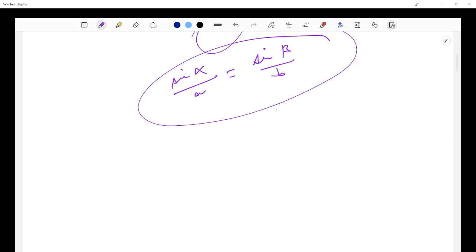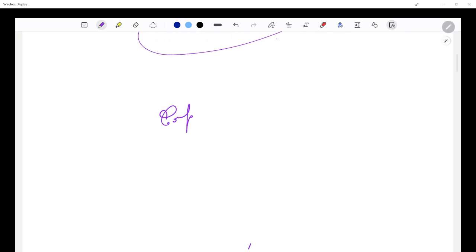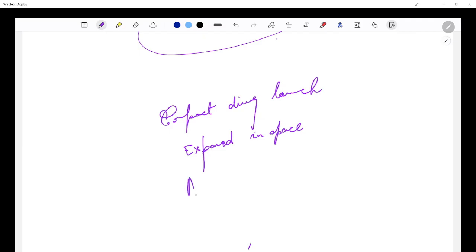And what is the benefit of them? That they are compact during launch. Okay. They can expand in space, and then they act as a structure after deployment.